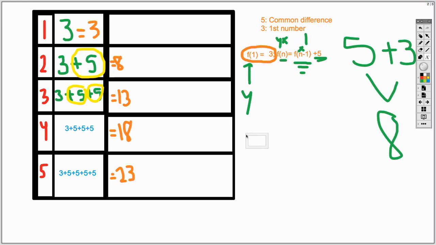F1 equals 3, and Fn equals Fn minus 1 plus 5. Let's say we want to find our fourth number.